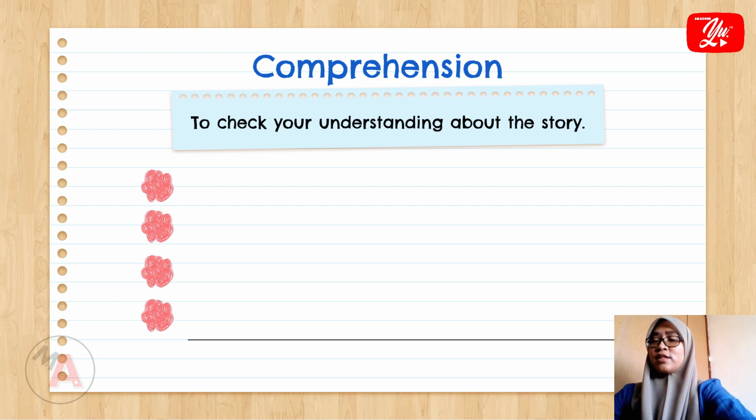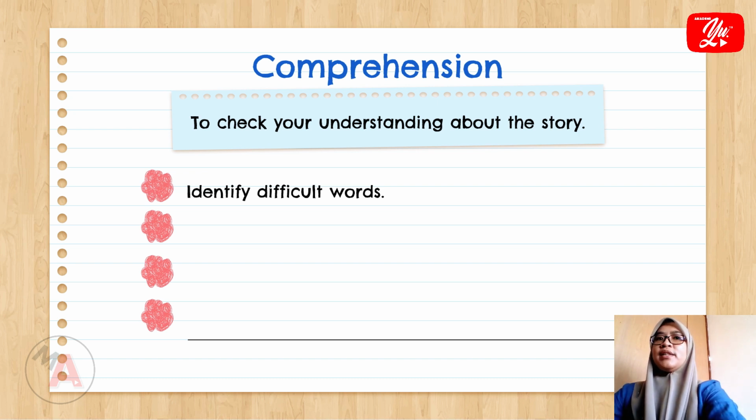So we have questions, okay, where you are going to find the answers in the text. Okay, so how are we going to do this is basically first one, you are going to identify some of the difficult words that you can find in the text. Okay, so some of the words are quite difficult. Maybe it's your first time seeing those words. Okay, so we are going to find the meaning of the words, right?